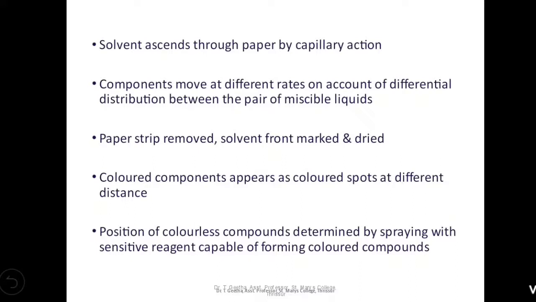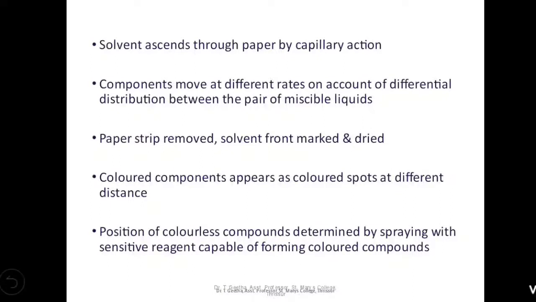The solvent rises by capillary action of the paper, and various components of the mixture are carried with it at different rates. The different components are distributed between mobile and stationary phase in accordance with the value of the partition coefficient of each component. As a result, each component is concentrated at a different distance from the sample spot.